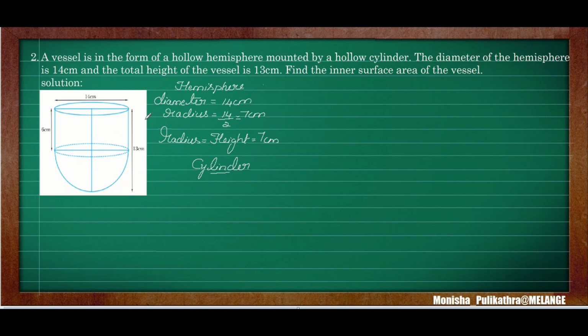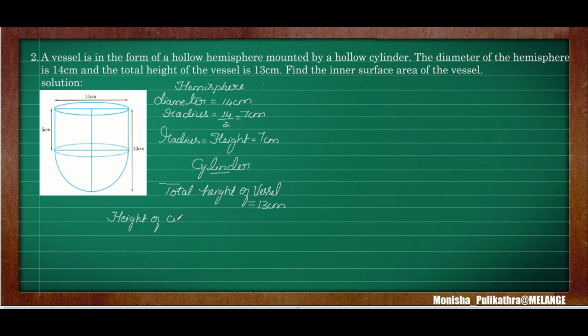So here in this vessel, the total height of the vessel is 13 centimeter. So we need to find only the height of this cylinder.